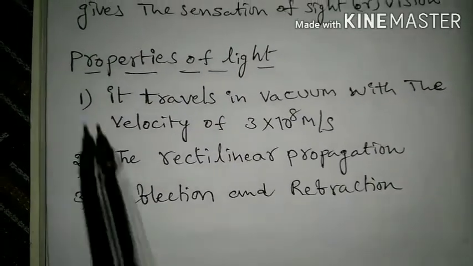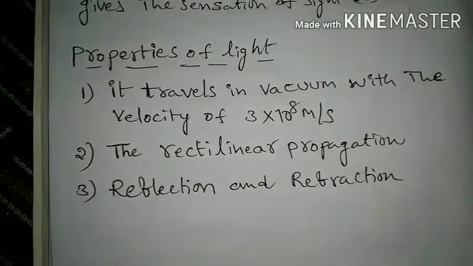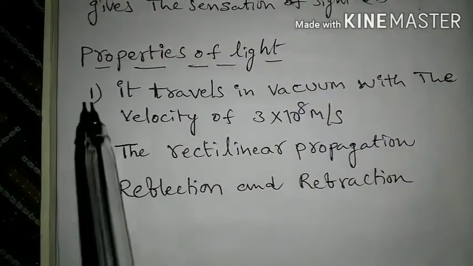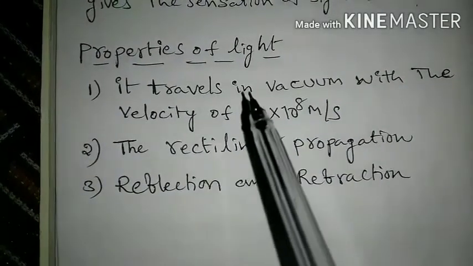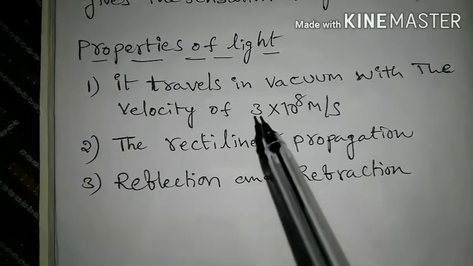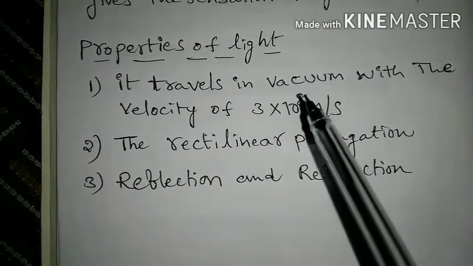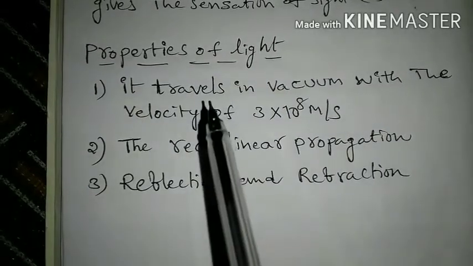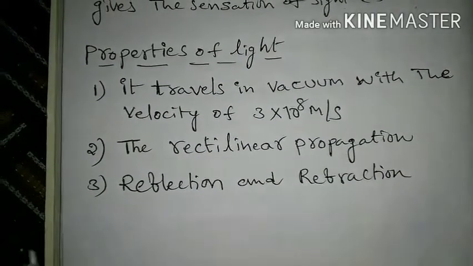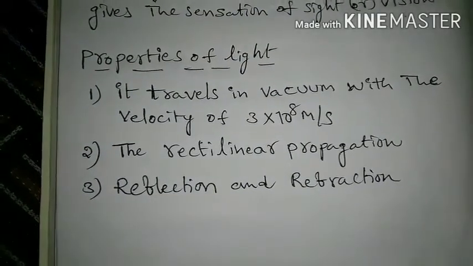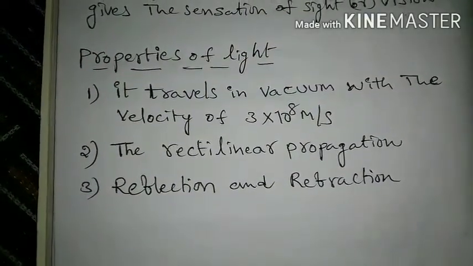Next one, properties of light. First, it travels in vacuum with the velocity of 3 into 10 power 8 meter per second. Vacuum is like night time, only dark.